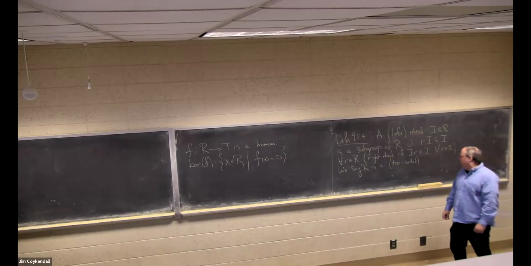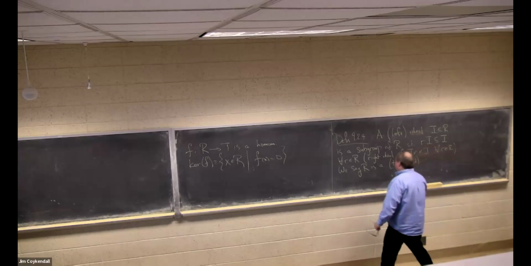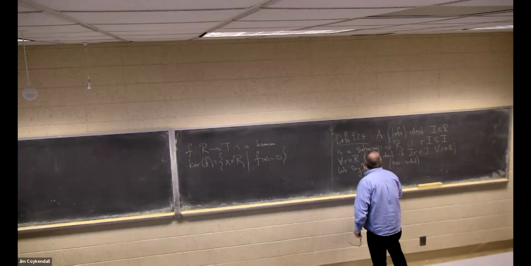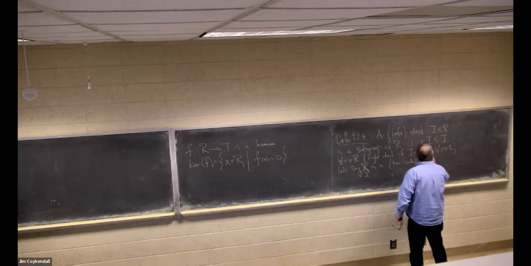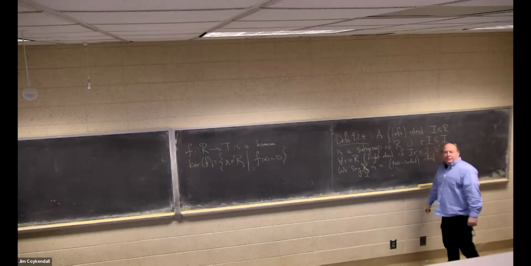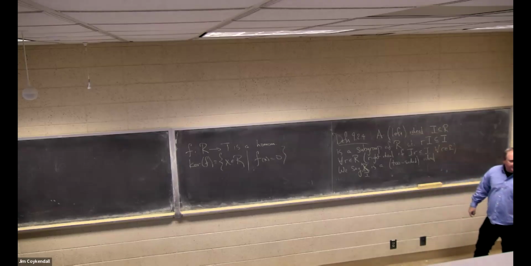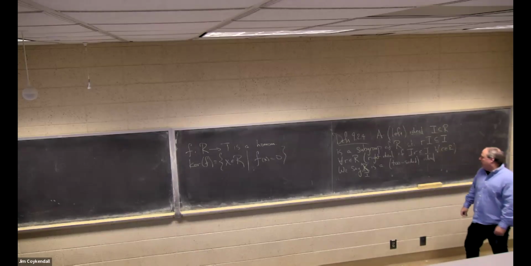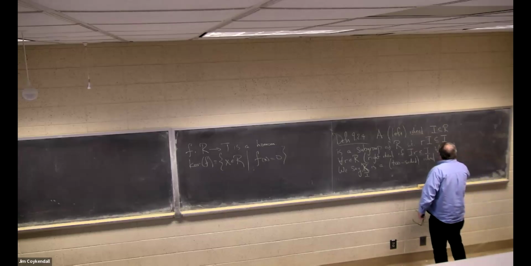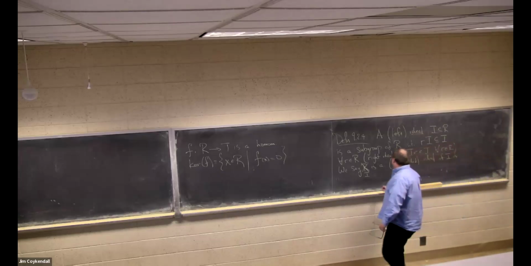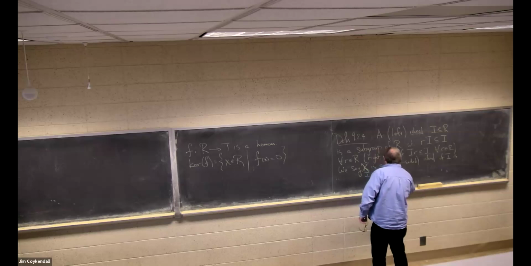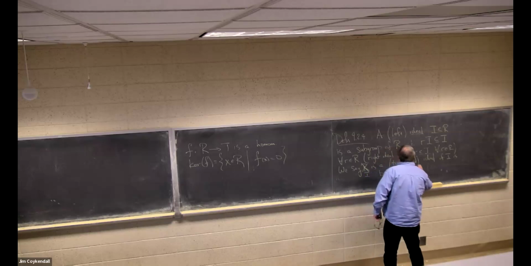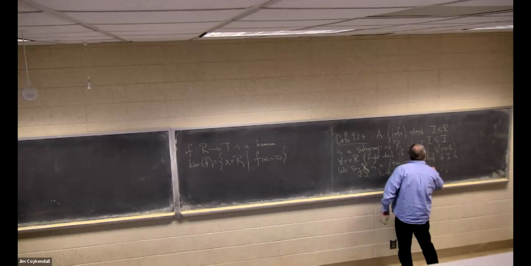You say I is a two-sided ideal, or just an ideal. So if I ever use the word ideal without a descriptor, I mean a two-sided ideal. It is both a left and right ideal, and it is a subgroup of R.